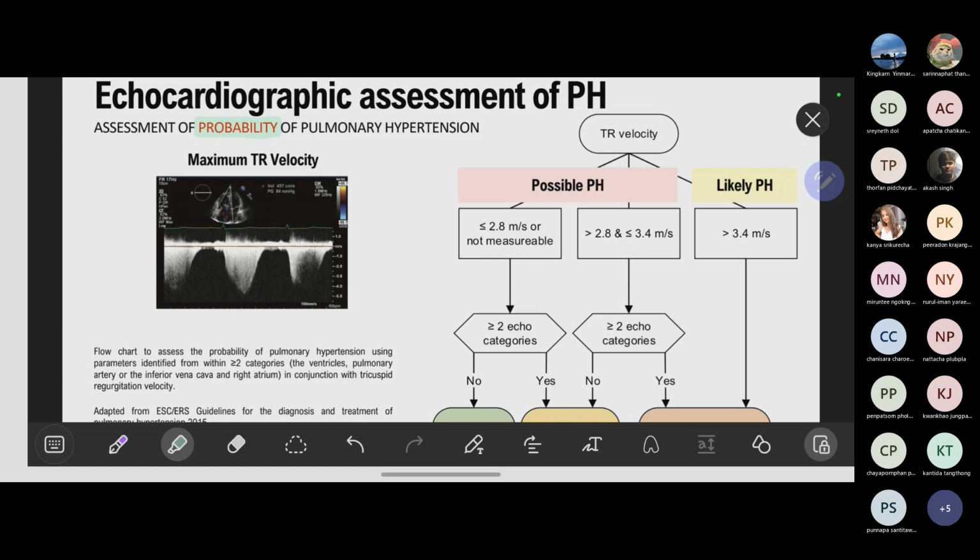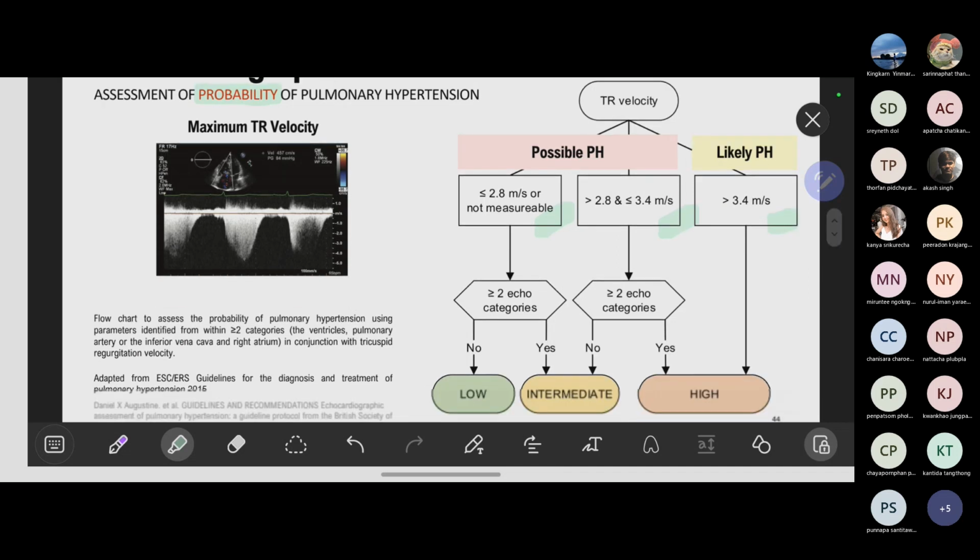And according to the European guideline, which recommends for all clinical groups of pulmonary hypertension, the first step is to measure TR velocity.